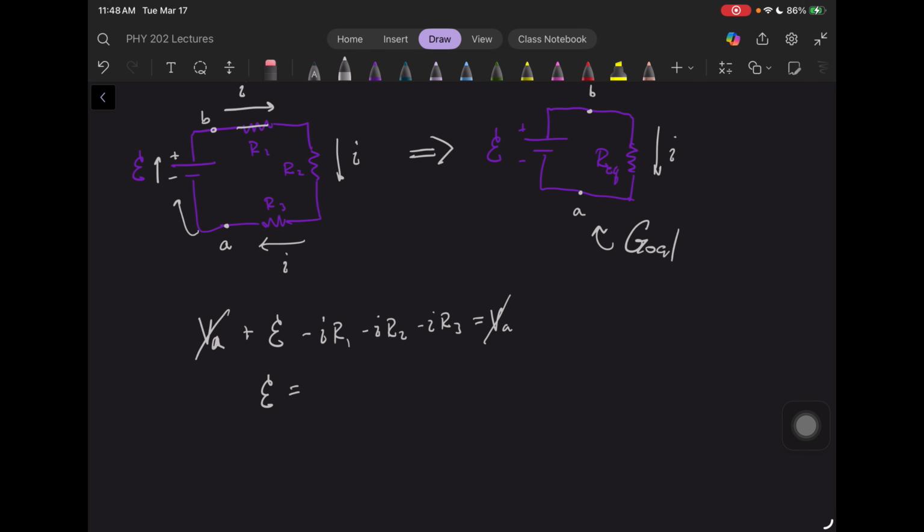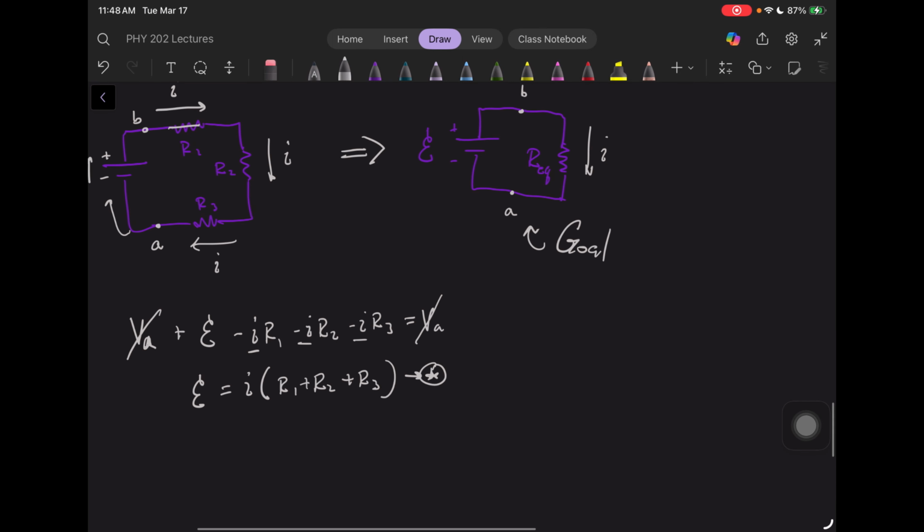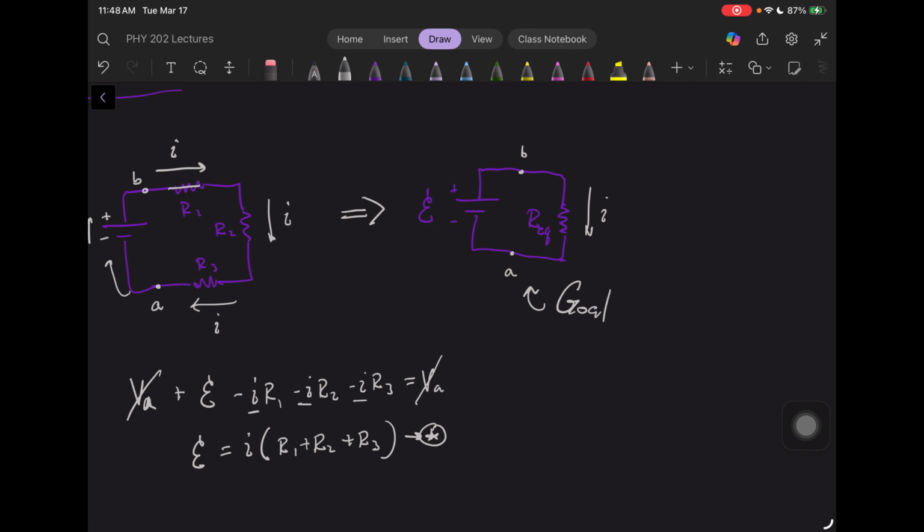So we get our EMF is equal to, well, these are all being multiplied by I, and it's negative, so we'll move it over. And so we can say I times (R1 plus R2 plus R3), right? And we'll star that equation for now. And now let's look at the equivalent circuit. We'll do the same thing.